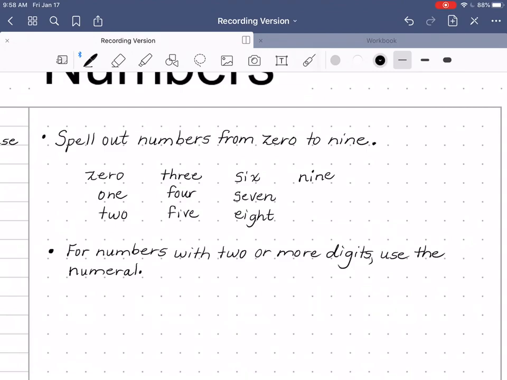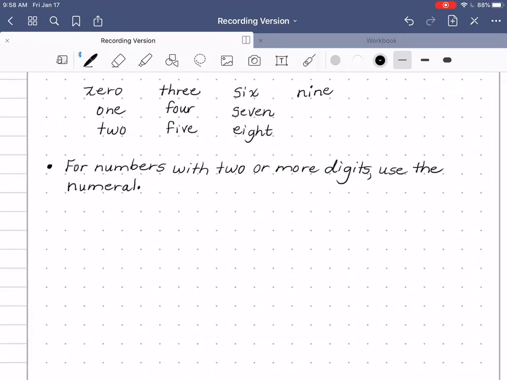For example, I'm still going to give you the spellings because I want you to know how to spell all of these. But if the number you're talking about is 10, you don't have to spell it out. You use the numeral 10.